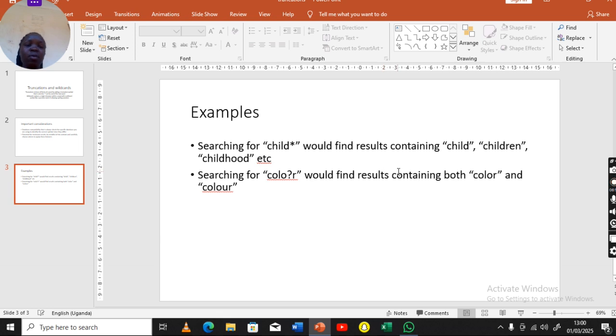Because different people write the word color in different ways, somewhere you find it written like this, somewhere you find it written like this. So when you put it, this helps you to get variations, like very many different ideas, or it broadens your understanding about the different words, the way they are used.